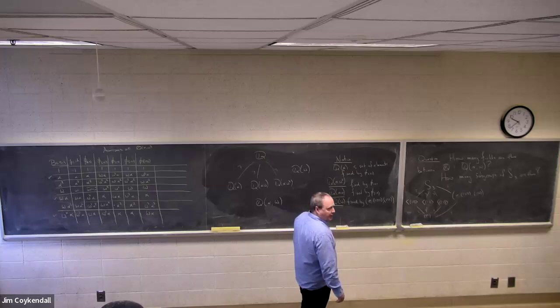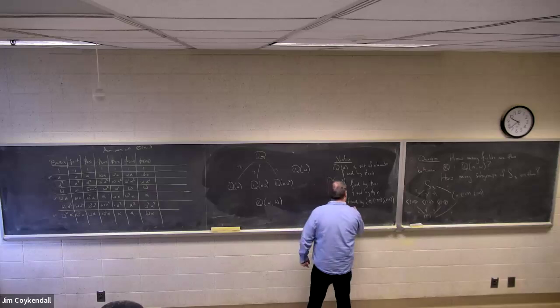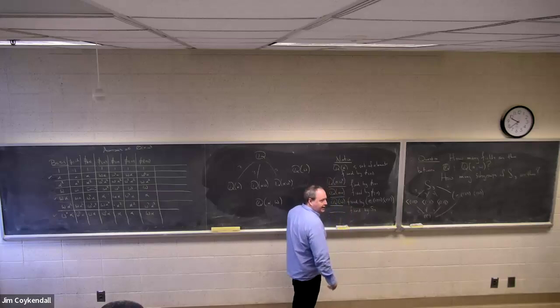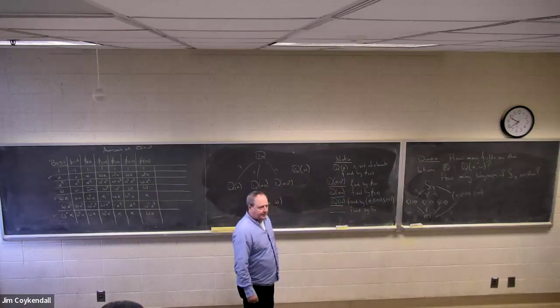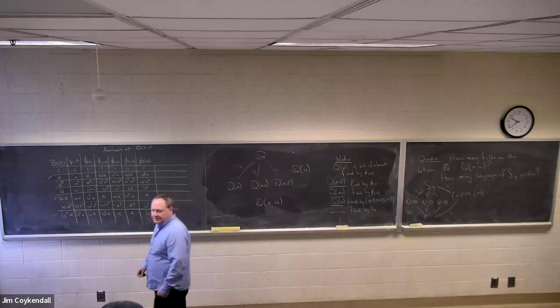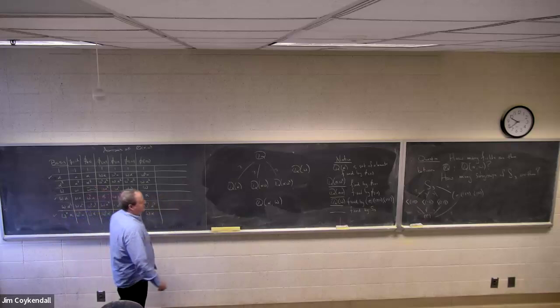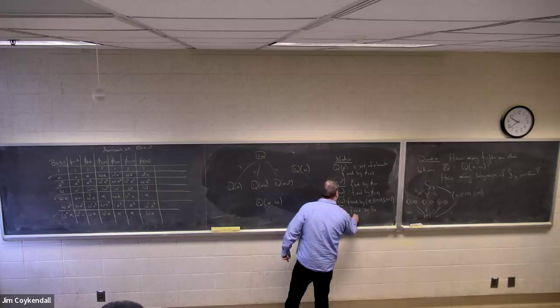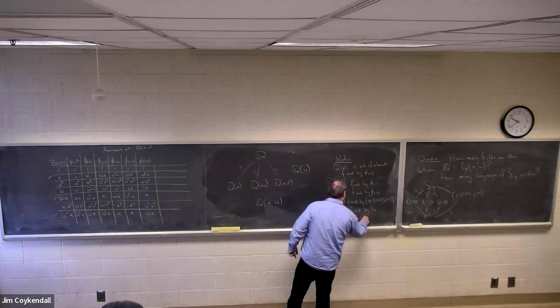I just looked at the proper subgroups. What's fixed by S3? Q. Only Q. What's fixed by the identity?